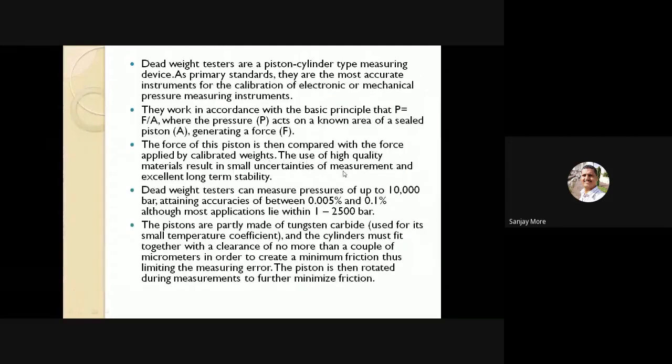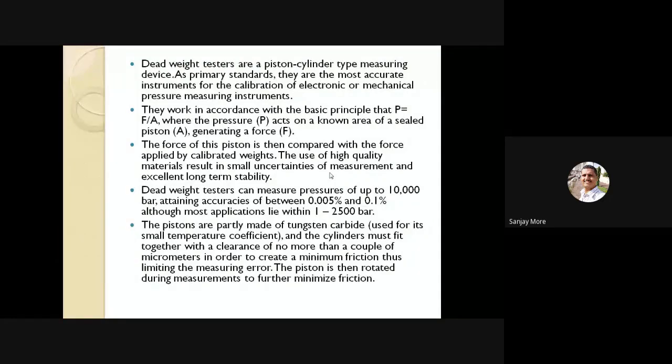The use of high quality material results in small uncertainties of measurement and excellent long-term stability. This tester measures pressure up to 10,000 bar, attaining accuracies of 0.005% to 0.1%, although most applications lie within 1 to 2,500 bar.